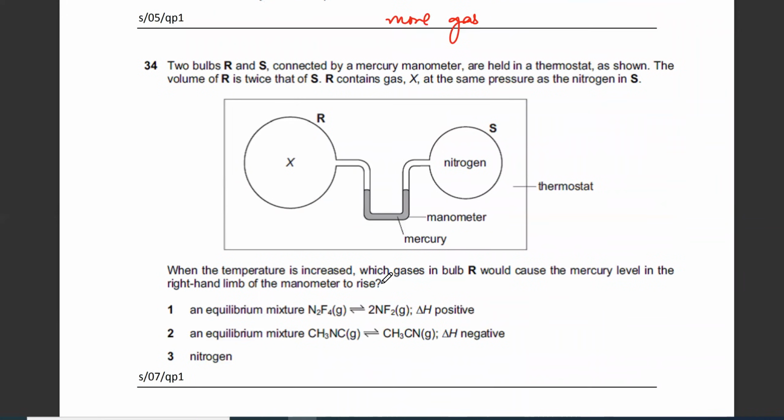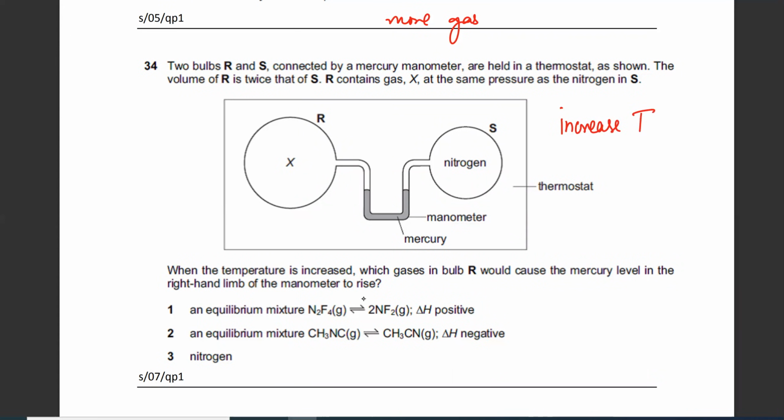Next, you've got these two containers and there's this mercury over here. It's saying when the temperature is increased, which gas in bulb R would cause the mercury level in the right-hand limb of the manometer to rise? So first thing, there's a thermostat and he is trying to increase temperature, right?